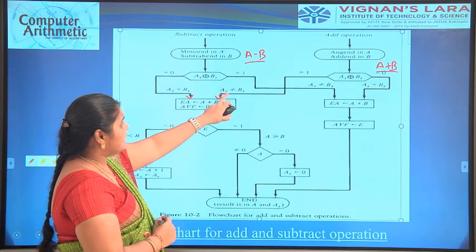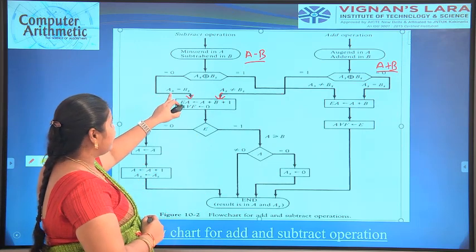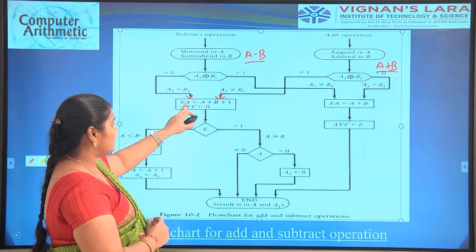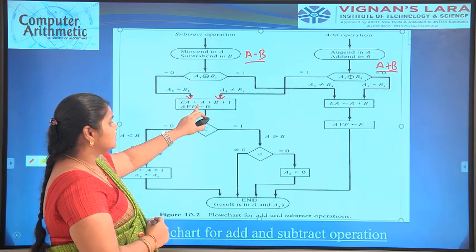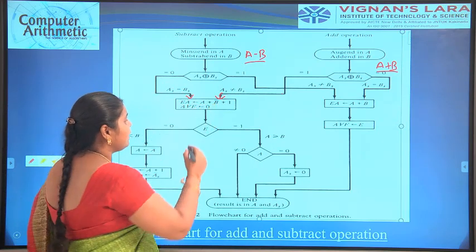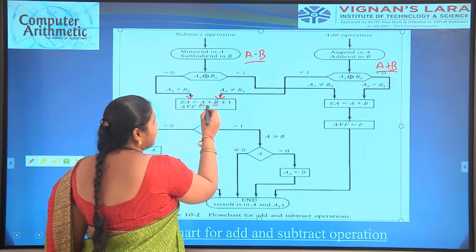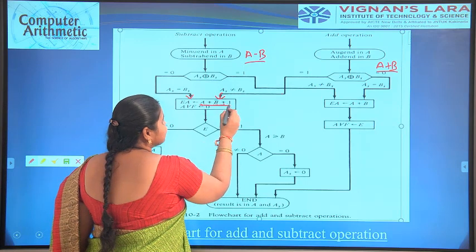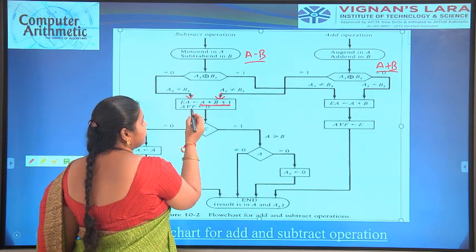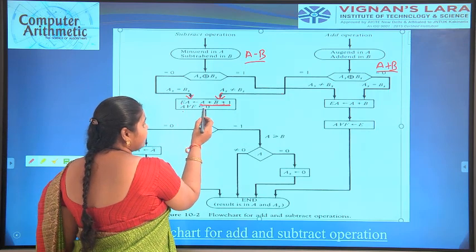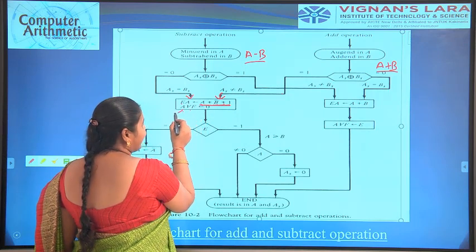Like that, in this 0 condition, AS equal to BS means the condition is 0. Here the output will be EA, A plus B plus 1, where B bar means B's complement. The whole calculation can be stored in the EA. AVF equal to 0 is the overflow condition.